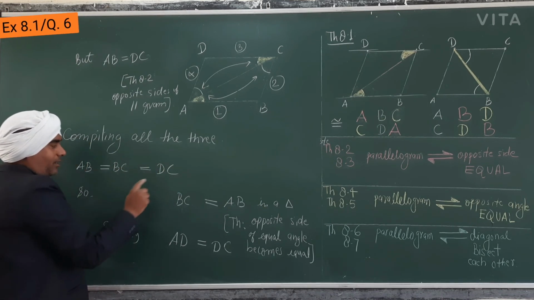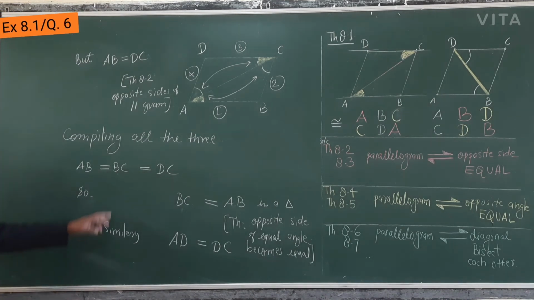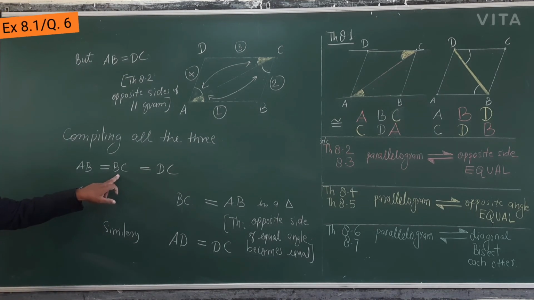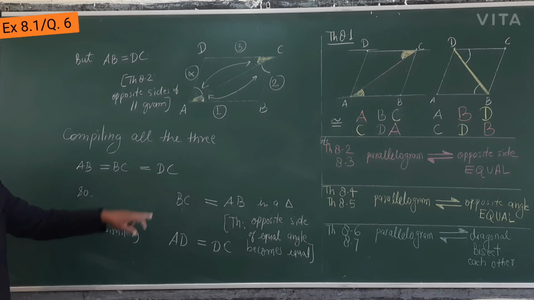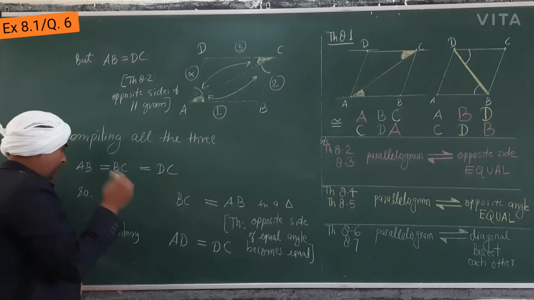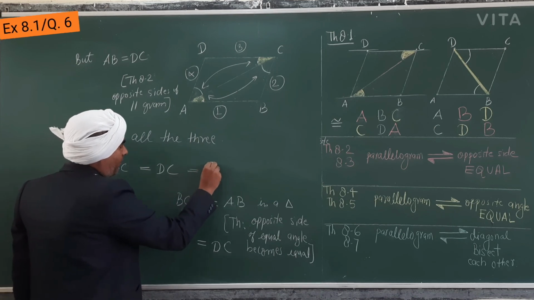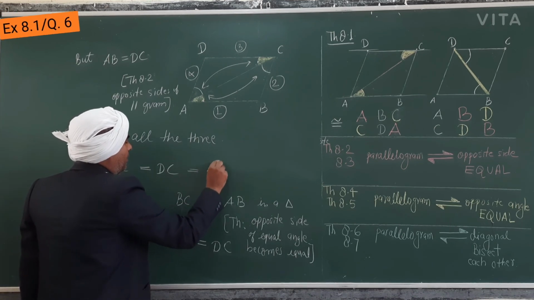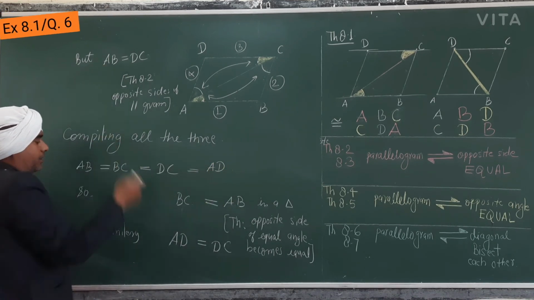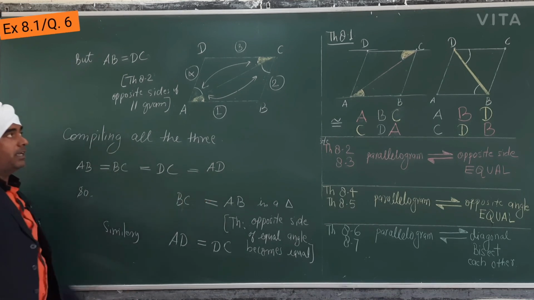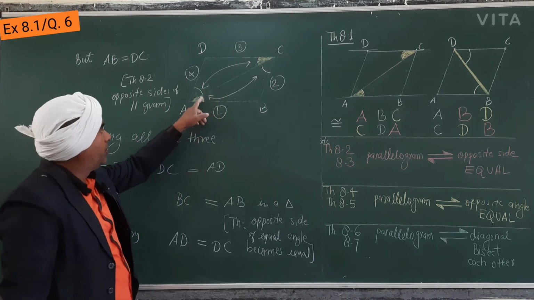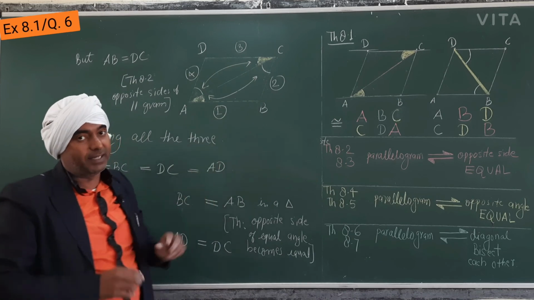Actually, this is taught in chapter number 5, and it's very important. It was Euclid's assumption. AB, BC, CD and DA. This included these three conditions, all sides are equal. Just like earlier I told you, these angles are bisected, all are equal.